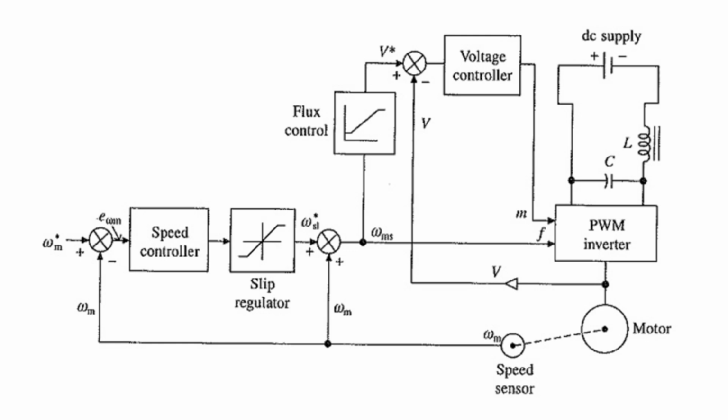Even at that time, the slip regulator, that is omega SL star, is set to the maximum negative value. In the negative current, the drive must be in deceleration mode.